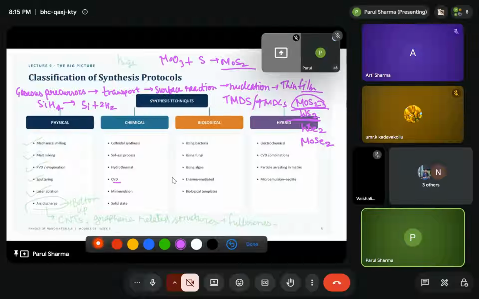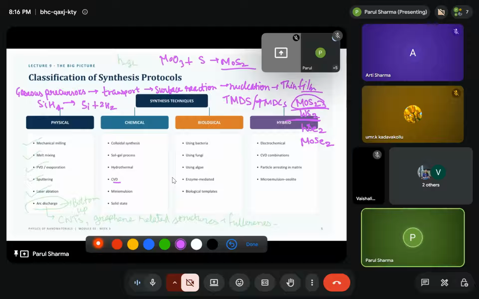So we can grow graphene using CVD and other two-dimensional materials. Also, CVD is widely used for synthesizing carbon nanotubes, using precursors such as methane, ethylene, and acetylene. And sometimes we also use a catalyst for enhancing the growth rate.